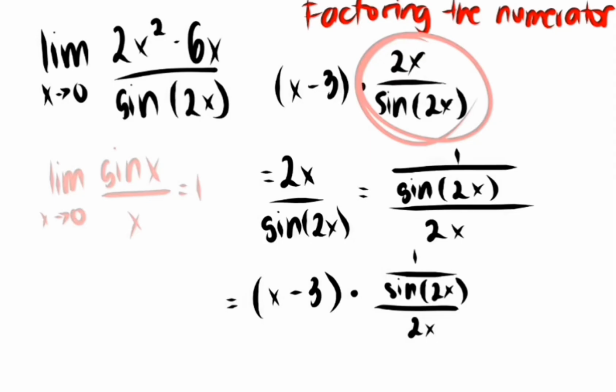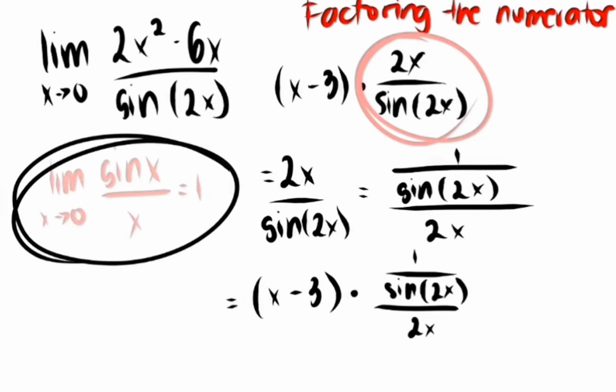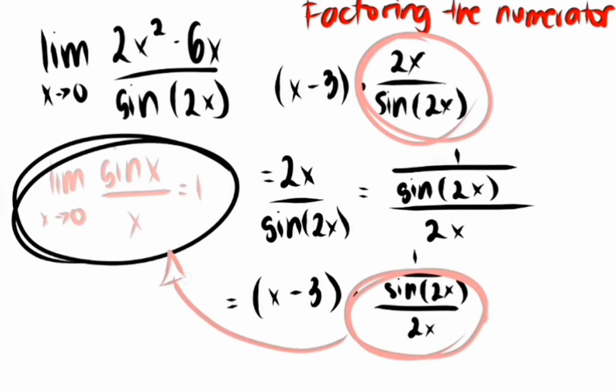We stated earlier that our important limit identity is the limit of sine x over x equals 1. From our expression (x minus 3) times 1 over sine of 2x over 2x, we can see that we can apply this limit identity to 1 over sine of 2x over 2x.